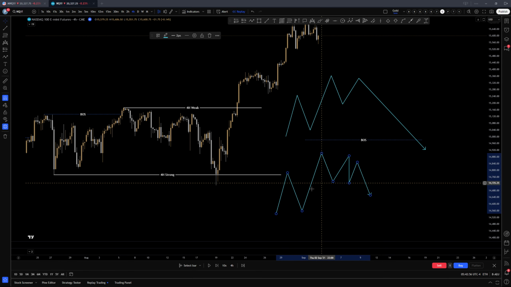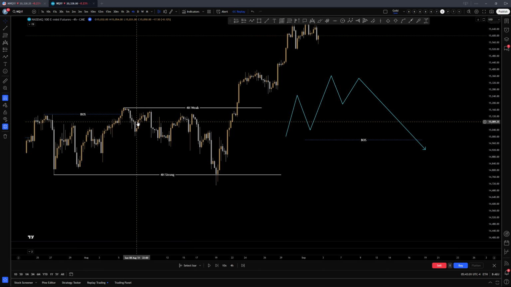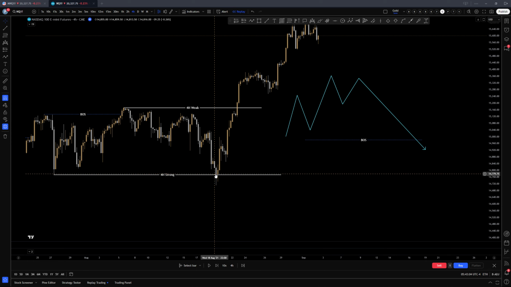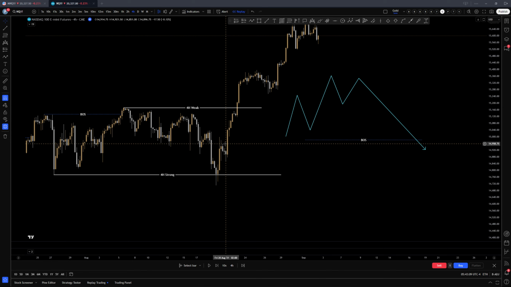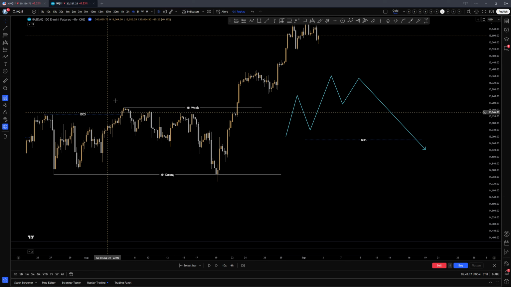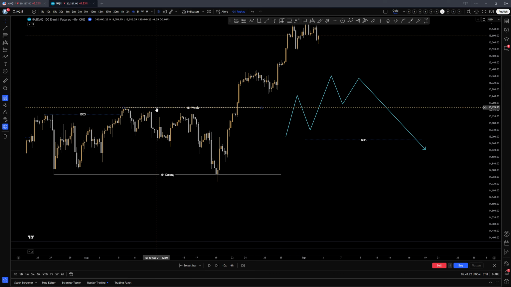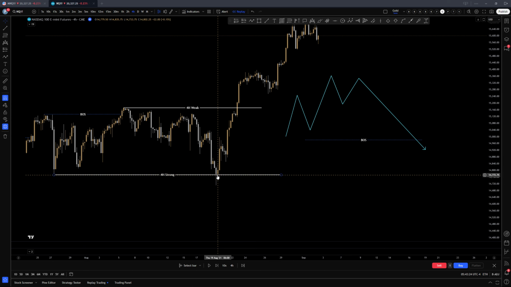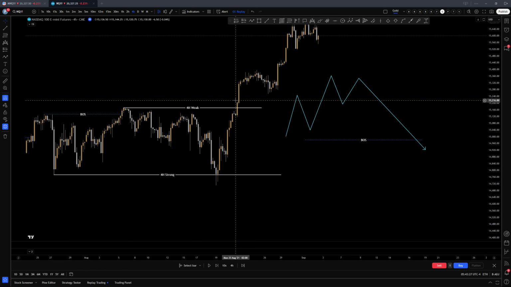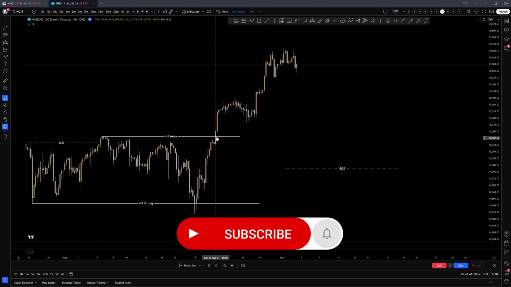So again, we're tracking internal structure there to show us that, yeah, the pullback is starting, the pullback is continuing down, the pullback fails to break through the strong structure, and then we get a reversal pattern on the internal structure, which is pushing us towards this external weak structure. Okay, so we can anticipate in this that the price is going down and the price is going up. And where's our target? Well, this here. So we could potentially, especially after these rejections, take a trade from here towards here, but we'll get to that much, much later. All right, so we've broken structure.